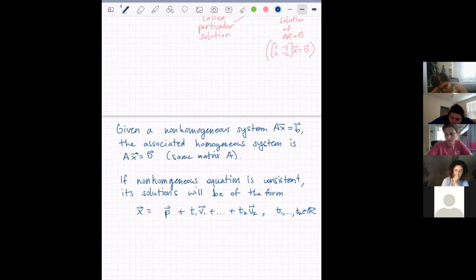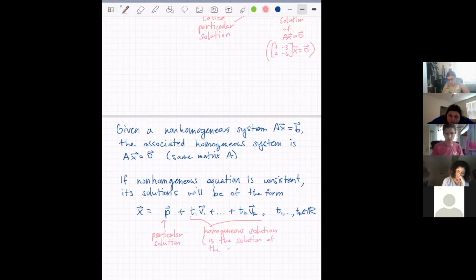So let's go like this. So here, this is the particular solution. And then this whole portion is your homogeneous solution, which is the solution of the associated homogeneous system.